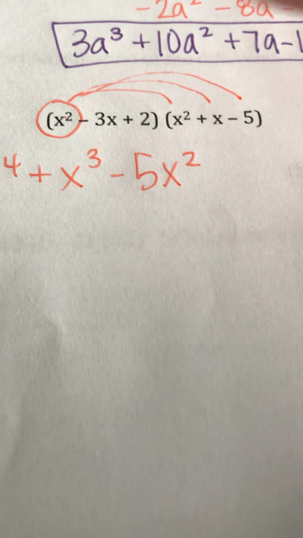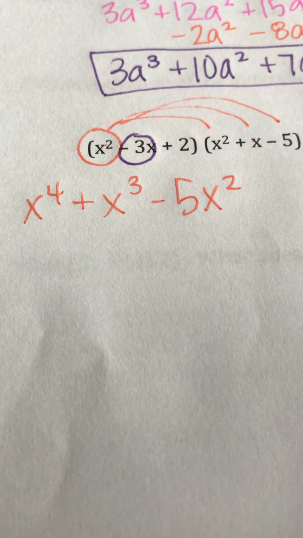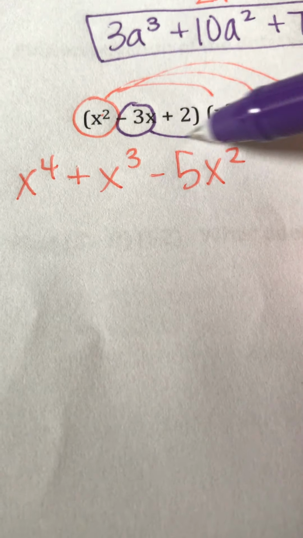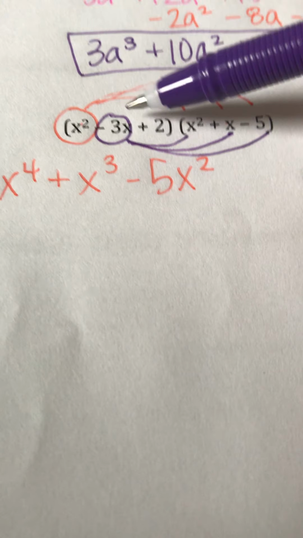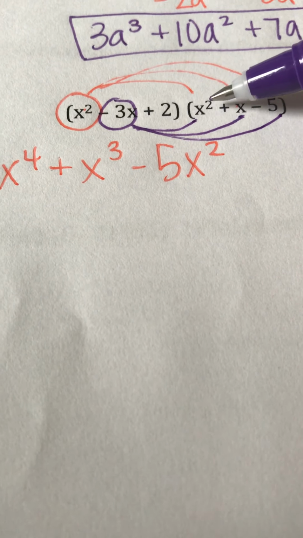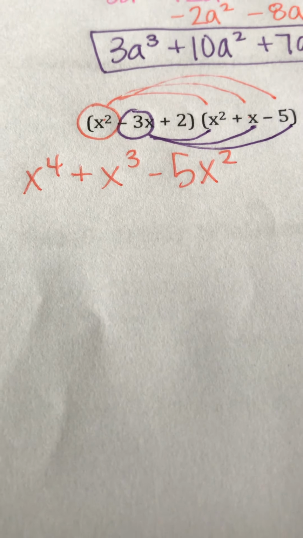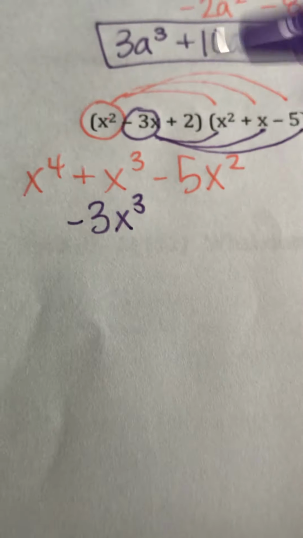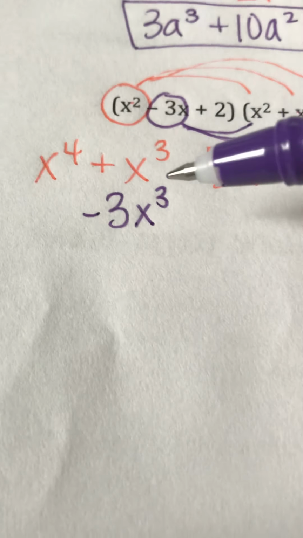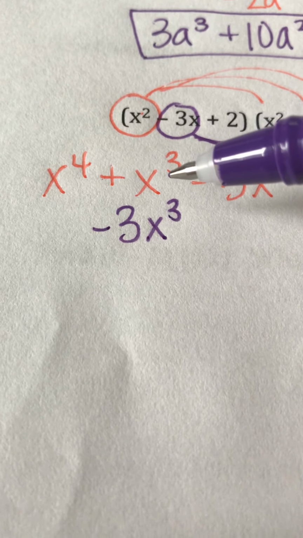Okay. Now I'm going to go to my negative 3x. Okay. And I'm going to multiply that by everything. Now my first one here, my first product, negative 3x times x squared, is going to give me negative 3x to the third. So if I organize this here, negative 3x to the third, I'm going to line this x to the third up underneath the other x to the third.